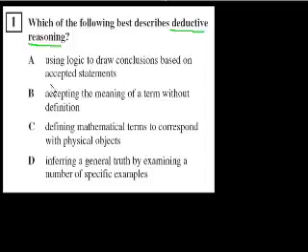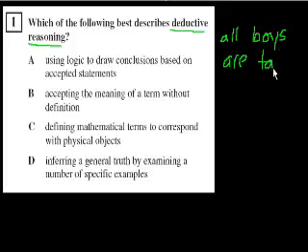But actually, before I even look at the definitions, let me just tell you what it is, and then we can see which of these definitions matches it. Deductive reasoning is if I give you a bunch of statements, and then from those statements you deduce, or you come to some conclusions that you know must be true. Like if I said that all boys are tall, and if I told you that Bill is a boy.